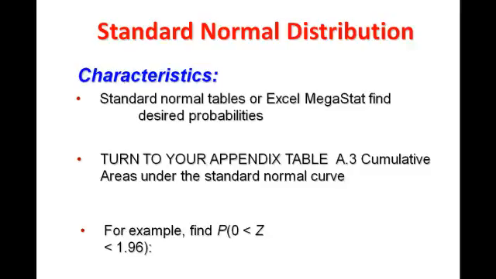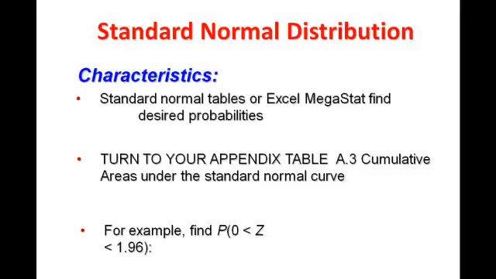Well, the Z value we just looked up is 1.96. So if I ask you to find the probability that Z is less than 1.96, then that's what our table is telling us: the probability is 0.9750, or there's a 97.5% chance that Z will lie below or less than 1.96.